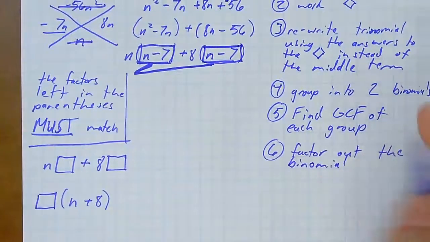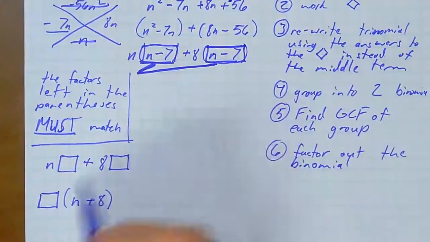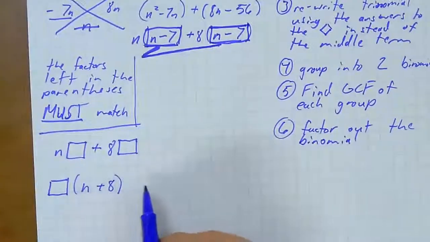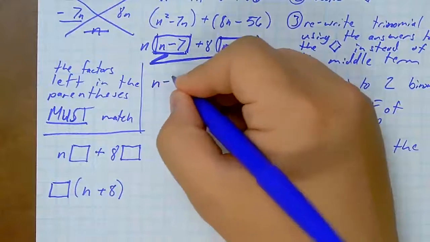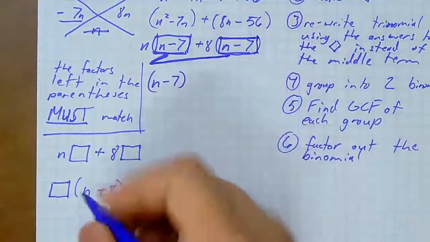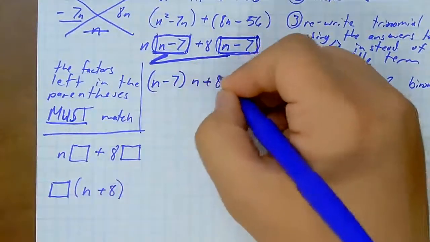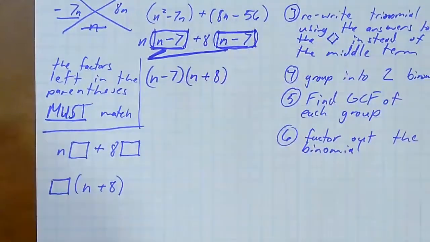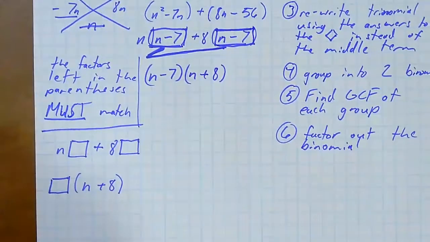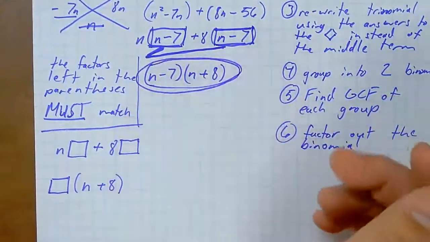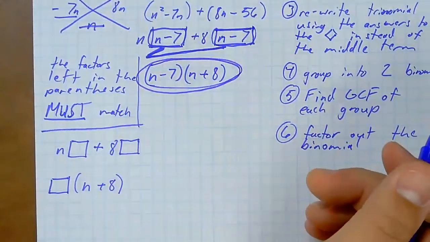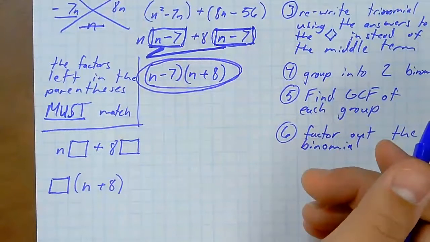Factor out the binomial. In this case, it's n minus 7. So just like before, we had our box times n plus 8. Now instead of a box, we have n minus 7. And what's left behind? N plus 8. Okay, this is our answer: n minus 7 times n plus 8.